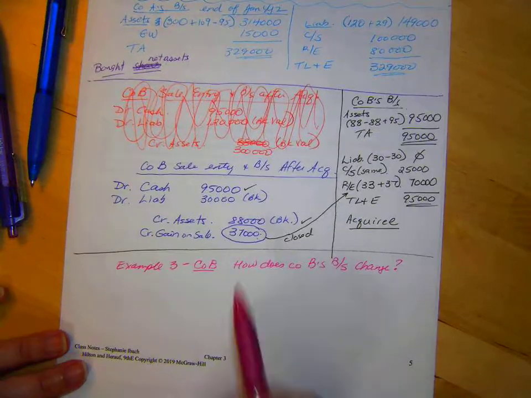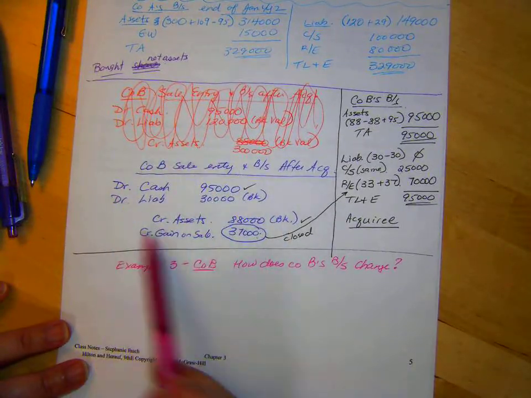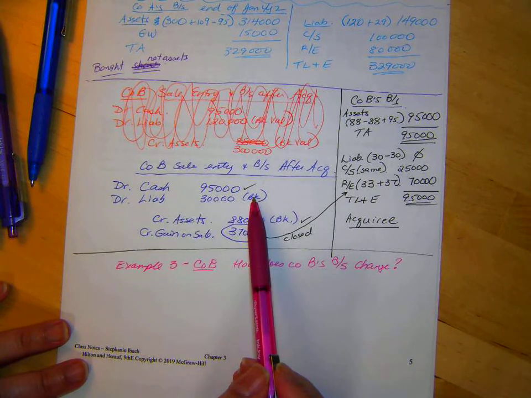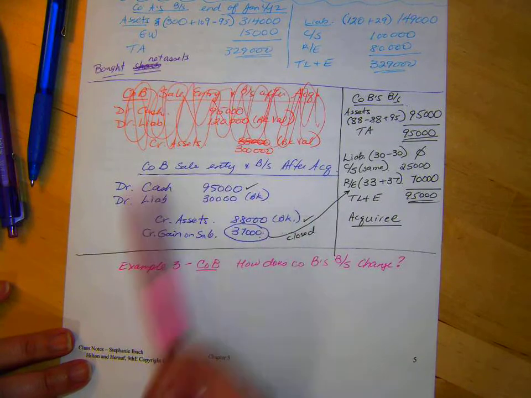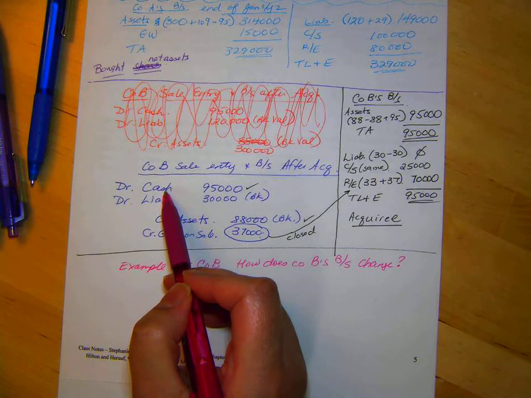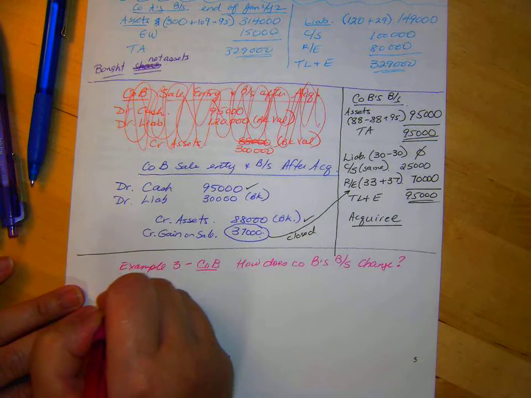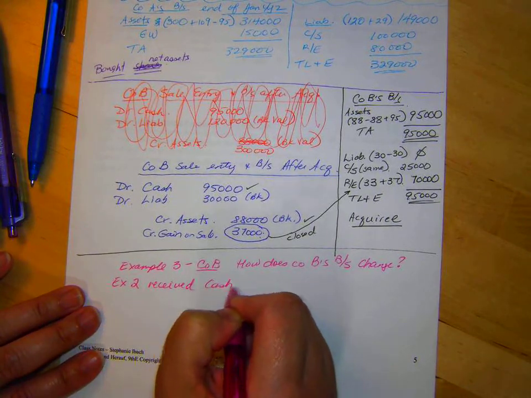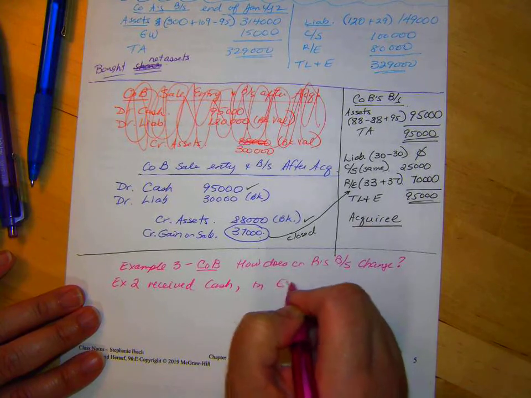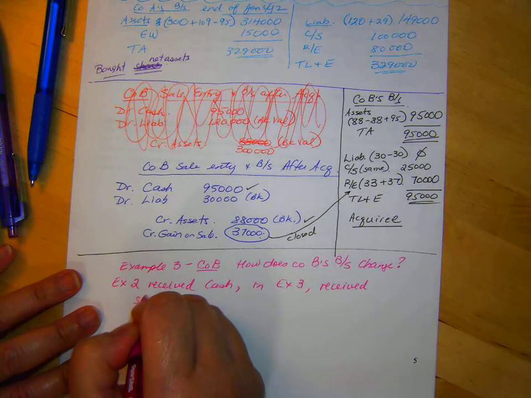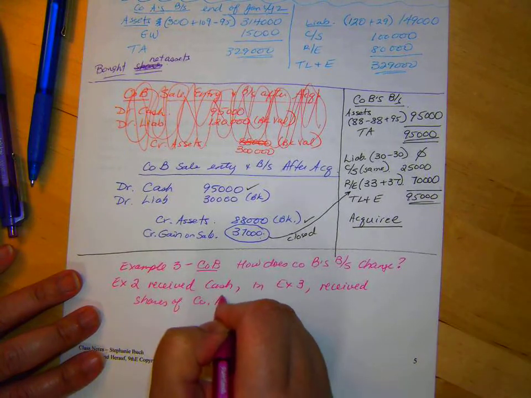So here's the entry we did when Company B received cash for its net assets. What's the different piece here? What did they receive instead? Here they received cash. Example 2 received cash. In example 3, received what? Shares, company A.